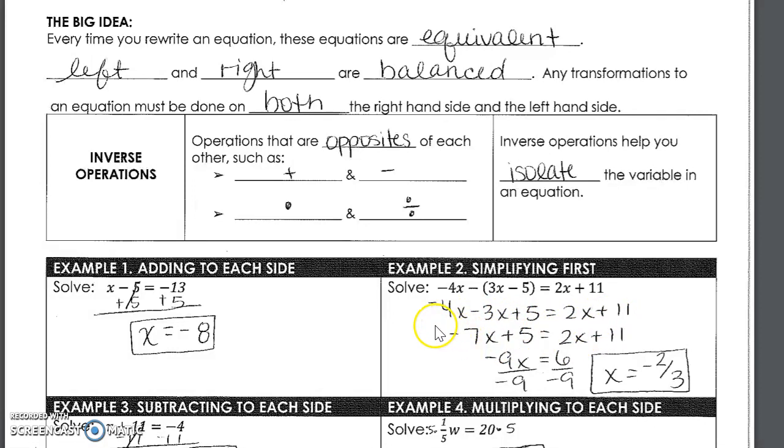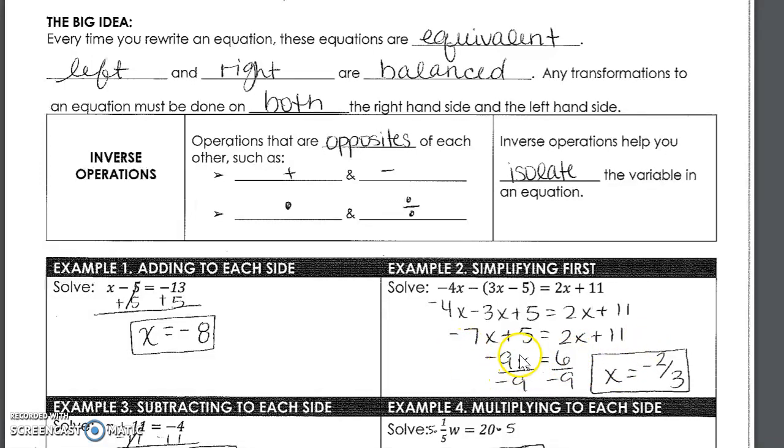So then you go ahead and look at this. You have a -4x and a -3x. Those are called like terms. You put them together to get -7x. This all got done in one step. If you don't understand, that's okay. You can move the 2x to this side by subtraction, and you can move the 5 to that side by subtraction. So both of those got moved in the same step.